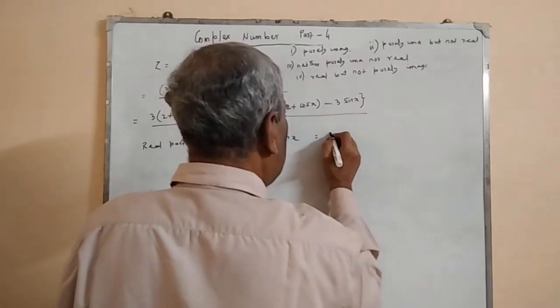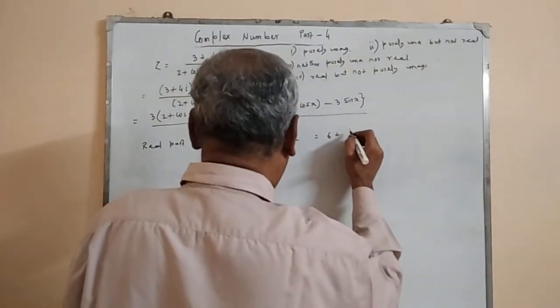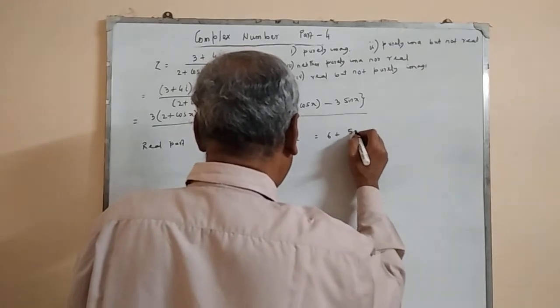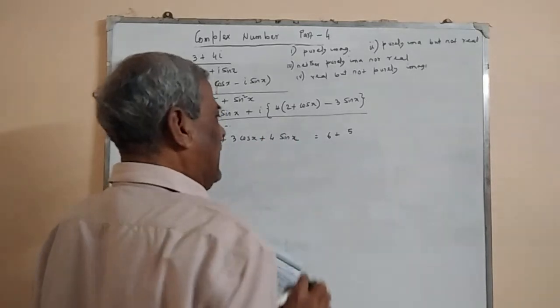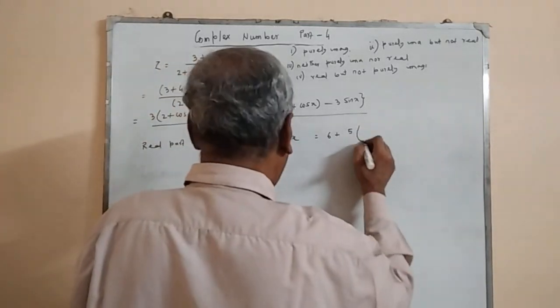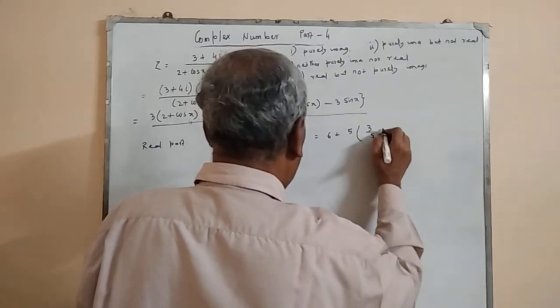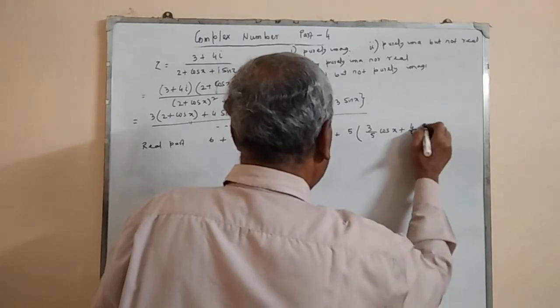It is equal to 6 plus 5 times root over 3 squared plus 4 squared, which is 5, so 5 into (3 by 5 cos x plus 4 by 5 sin x).